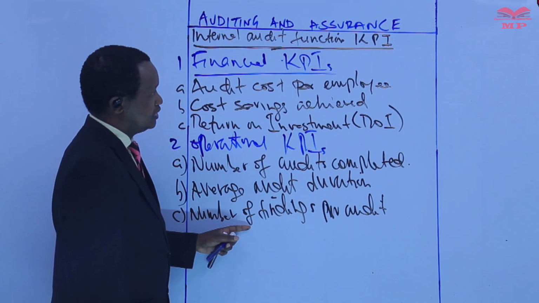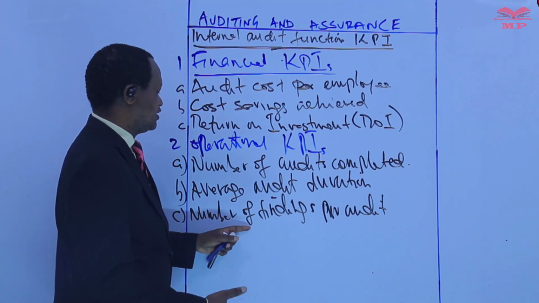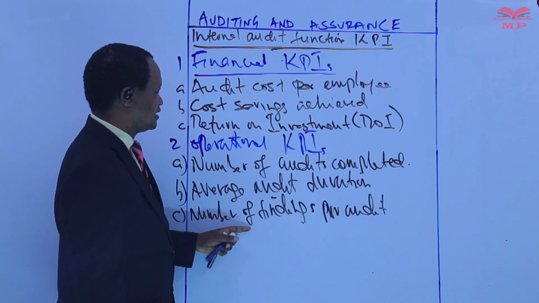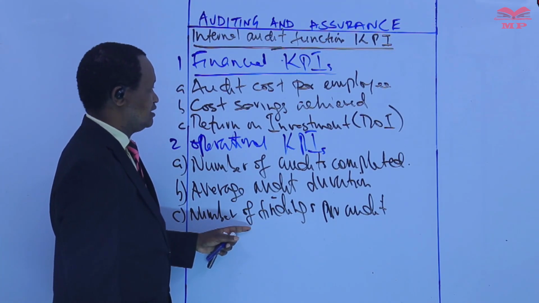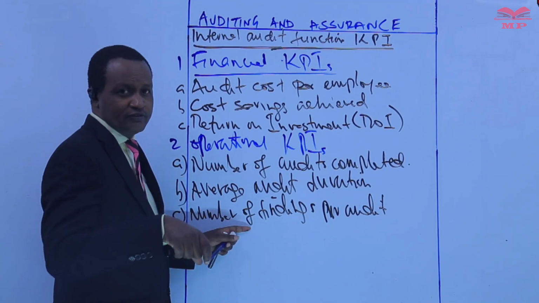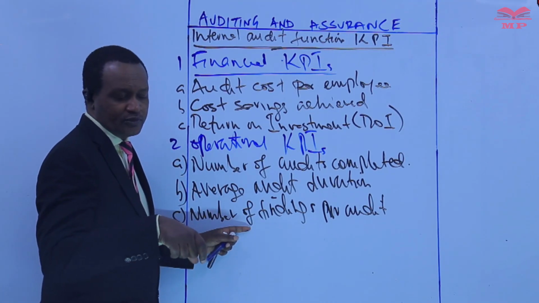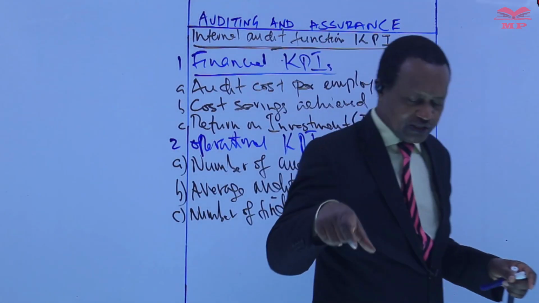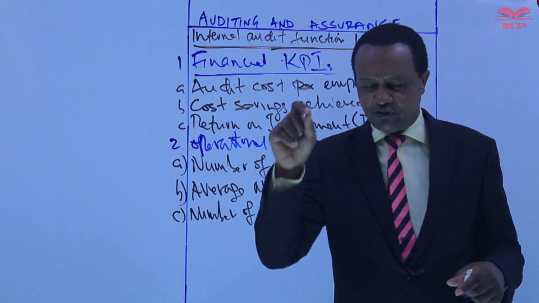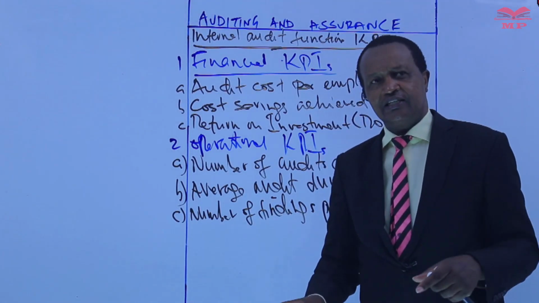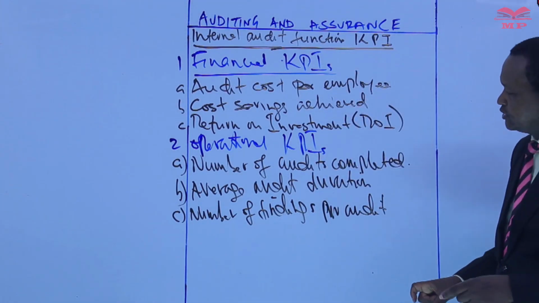So when the department fails to find any issues, then that is an indicator that that audit function is not effective. Because the idea is to identify issues to do with errors, frauds, weaknesses in the internal control systems, and so on.